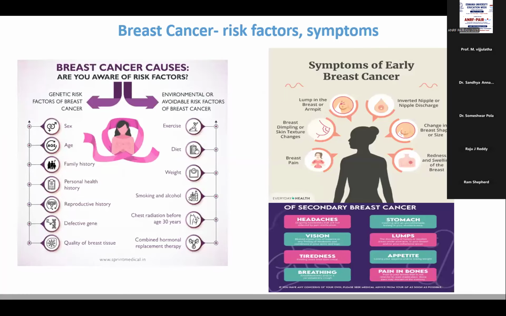And there are several risk factors identified for breast cancers. Initially, based on the symptoms, it can be diagnosed clinically with mammography, ultrasonography, or magnetic resonance imaging and all. But the breast cancer susceptibility can also be predicted based on the different risk factors that are implicated.